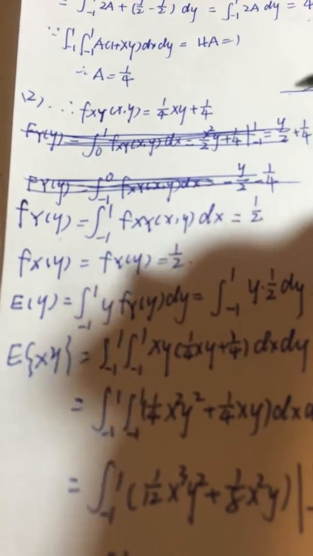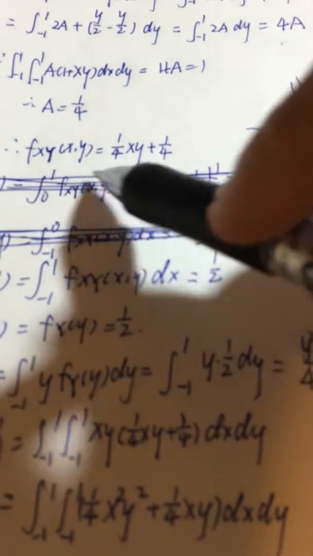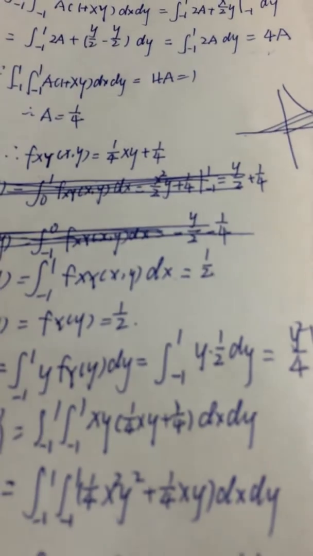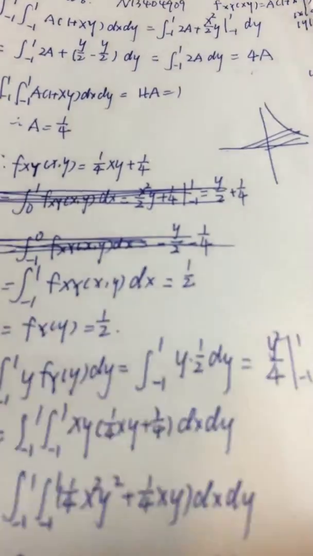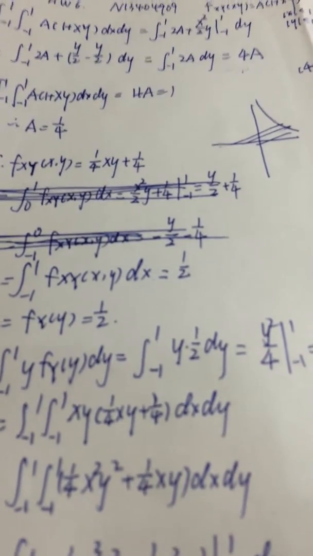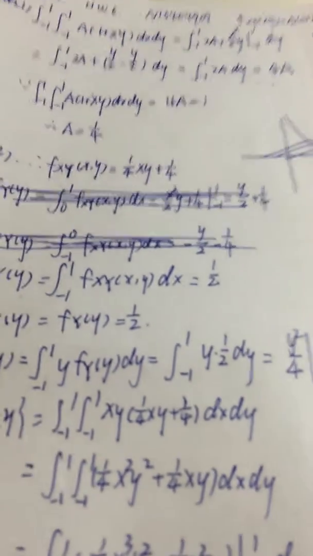And you can see the joint density function is symmetric: x and y can be exchanged and the answer is the same.